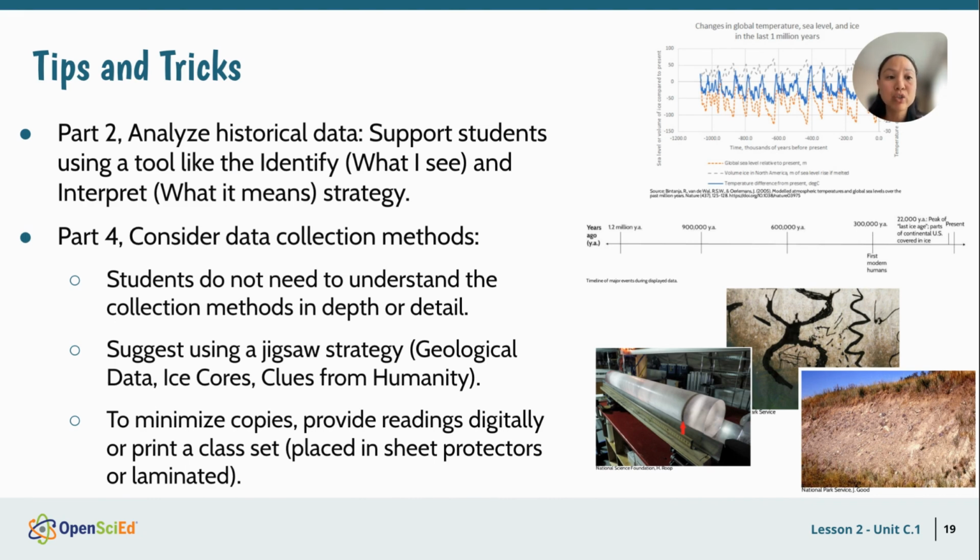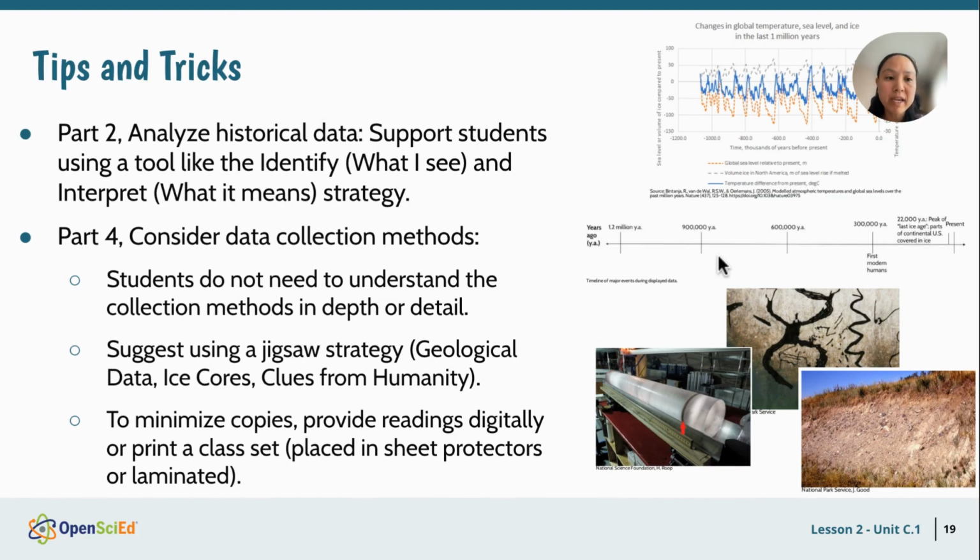In this strategy, students first annotate the data with what they notice. For example, the blue temperature line has a downward slope, while the gray ice volume line has an upward slope. Then students go back and annotate what this means. As global temperature decreases, ice volume increases. That's the what I see and what it means strategy.